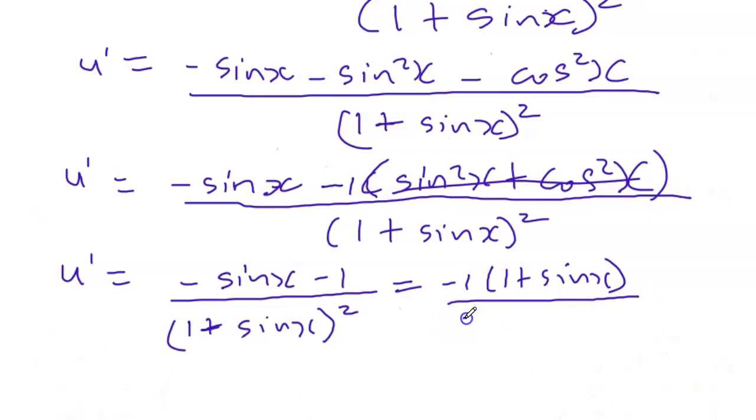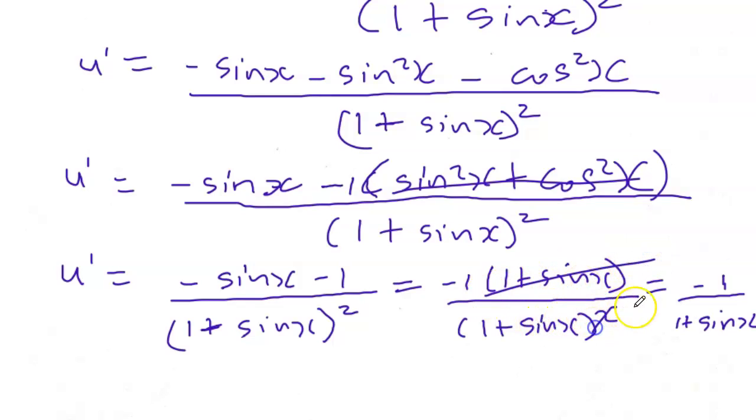In the denominator, (1 plus sine x) all squared. So we have 1 plus sine x times itself. So u prime is negative 1 over 1 plus sine x, since 1 plus sine x up here will cancel one of these. So we'll have negative 1 over 1 plus sine x.